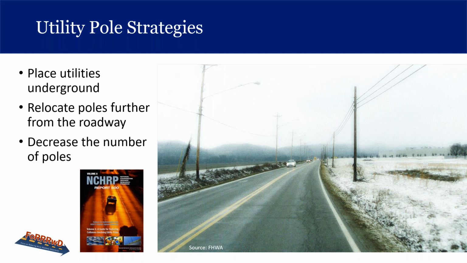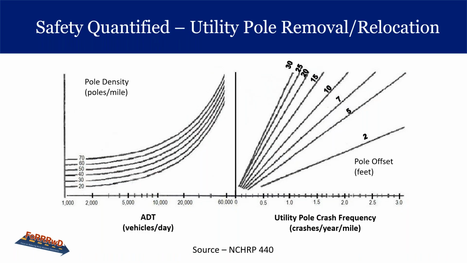So the NCHRP Report 500, remember I said there was several volumes included in Report 500, but volume 8, as you can see there on the left, is titled A Guide for Reducing Collisions Involving Utility Poles. So they've got some data on utility pole crashes and also some countermeasures included in there.